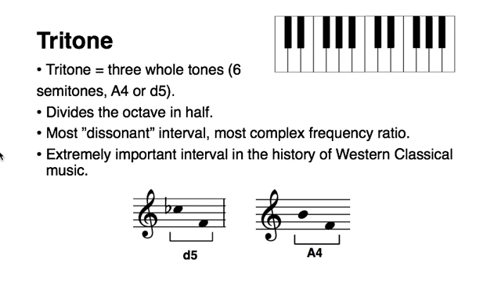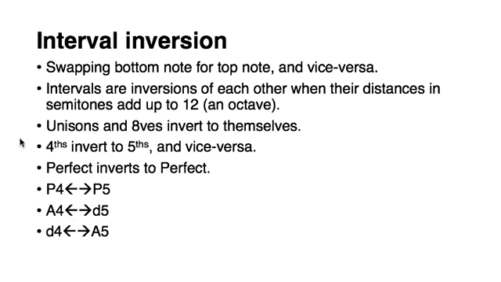The ratio of the tritone is very much more complex than that, which is partially why it sounds so quote-unquote dissonant or has a richer vibration pattern than these simpler intervals. And because of that, the tritone has been treated in a very special manner in the history of Western classical music. So, like before, we can also invert these intervals.